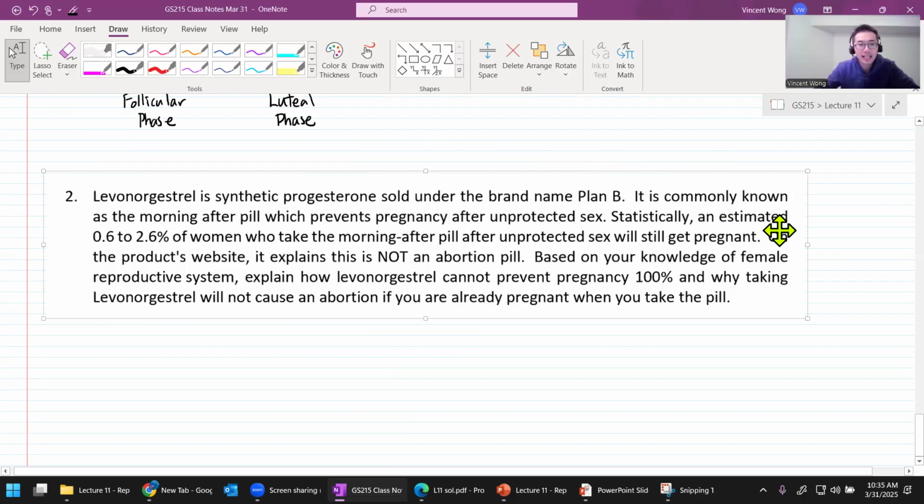Statistically, an estimated 0.6 to 2.6% of women who take the morning after pill after unprotected sex will still get pregnant. The product's website explains this is not an abortion pill. Based on your knowledge of the female reproductive system, explain how the drug cannot prevent pregnancy 100% and why taking it will not cause an abortion if you're already pregnant when you take the pill.